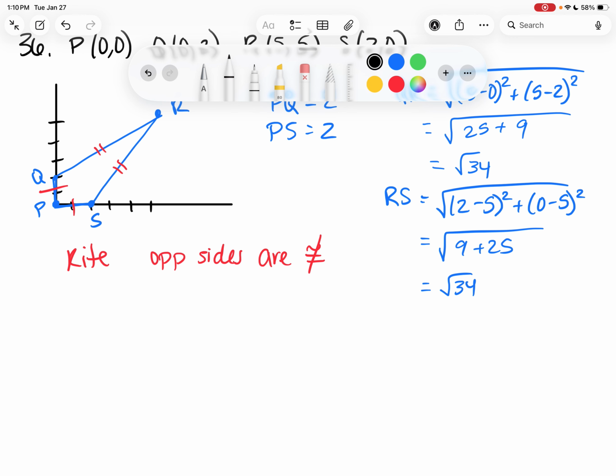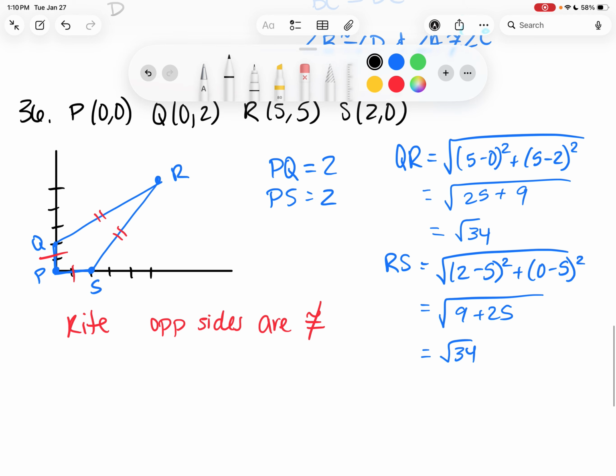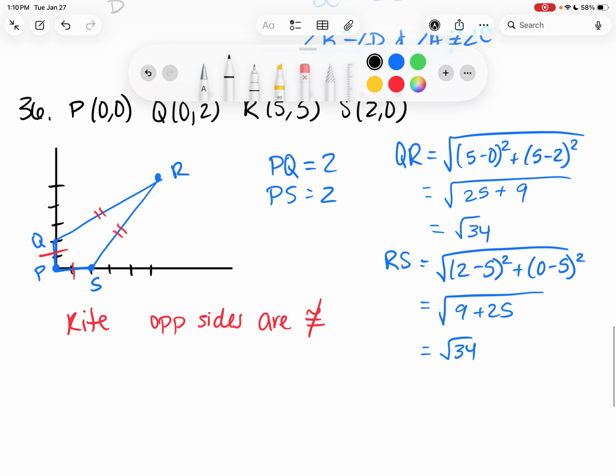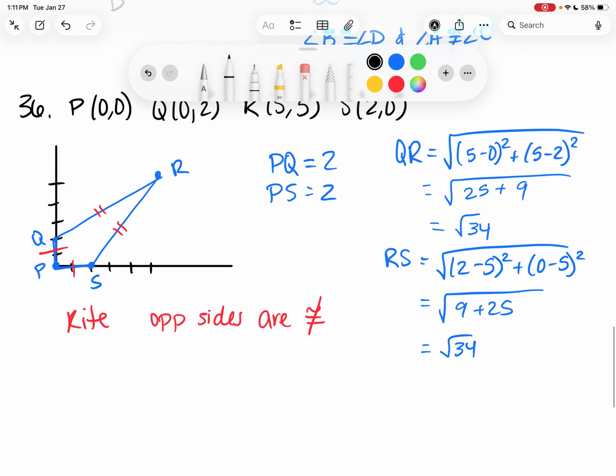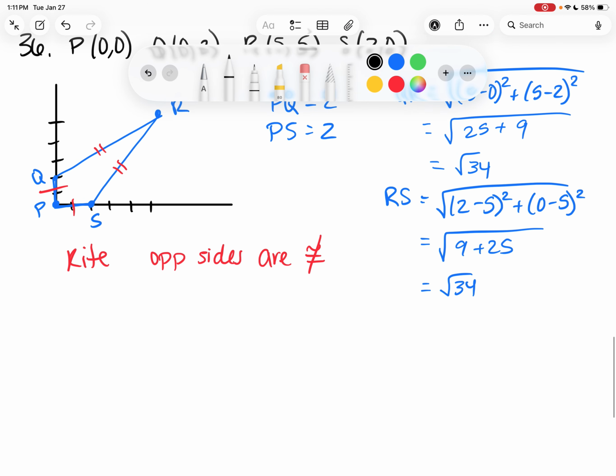I'm emphasizing how to solve them because if it asks you to show that this is the shape and not just what shape this is on the test or the next quiz, you are going to be in trouble if you don't know how to find them. A lot of you lucked out because a lot of you had no work other than a graph on the quiz. So you were very lucky that your picture looked pretty close to right.